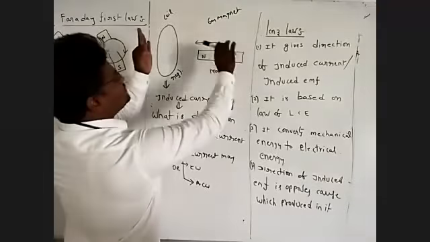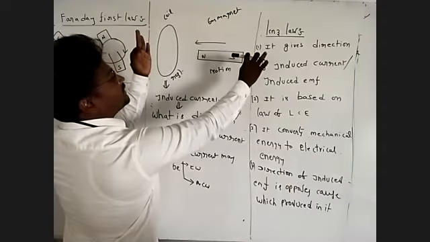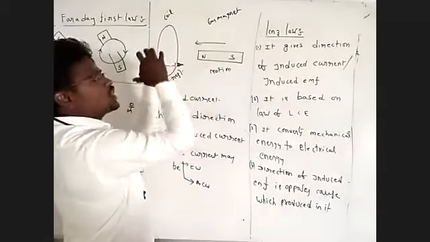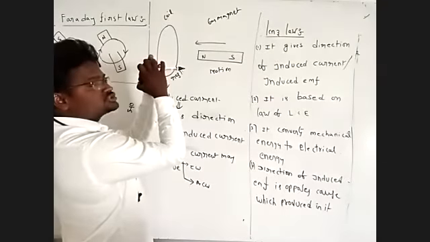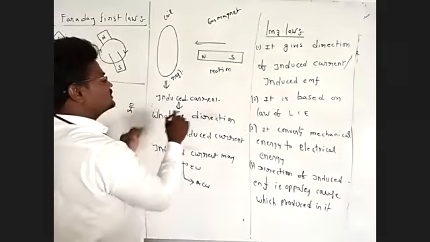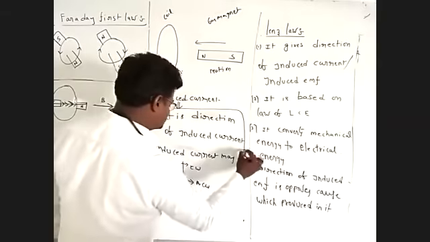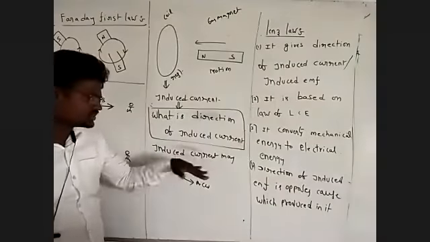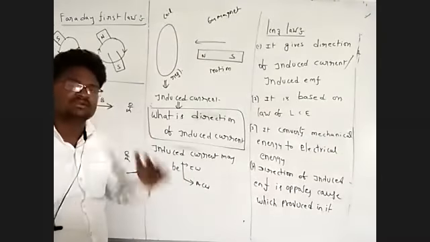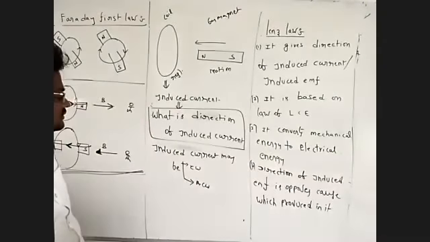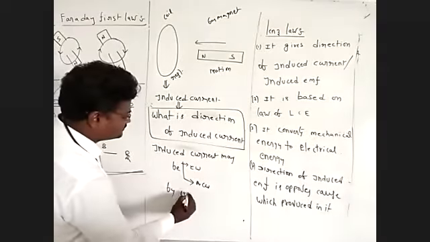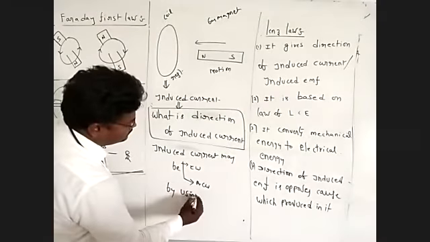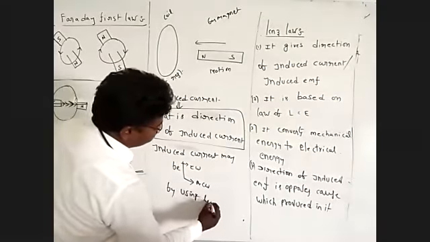Here, this is a coil, this is a bar magnet. The north pole of the bar magnet is moving towards the coil. The flux lines linked with the coil change, then induced EMF, induced current flows in the coil. But what is the direction of induced current? It may be clockwise or anti-clockwise. By using Lenz law.